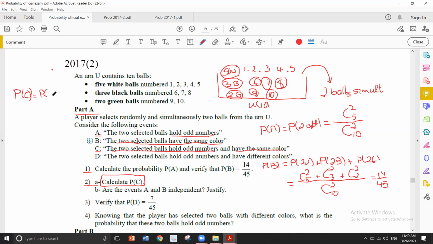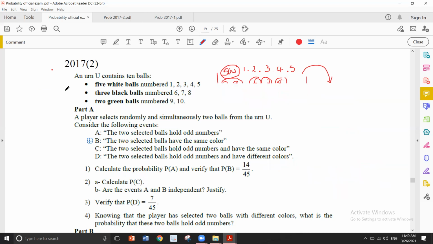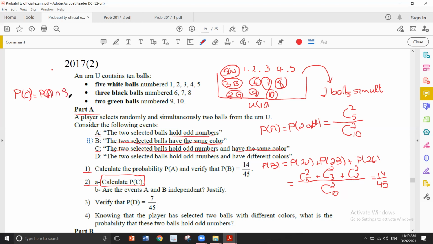Whenever you have "or" it is union, and with "and" it is intersection. A intersection B. How to calculate the probability of A intersection B without using the definition? What's meant by the selected balls being odd and having the same color? The two properties together.